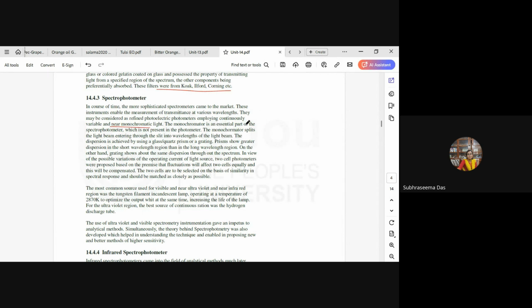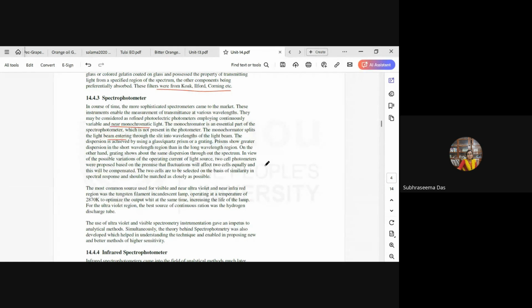They use monochromatic light. The monochromator is an essential part of the spectrometer which is not present in a photometer. The monochromator splits the light into different wavelengths of the light beam. This dispersion, the splitting, is done by using glass, quartz or a prism. The prism shows greater dispersion at short wavelengths than at long wavelengths.